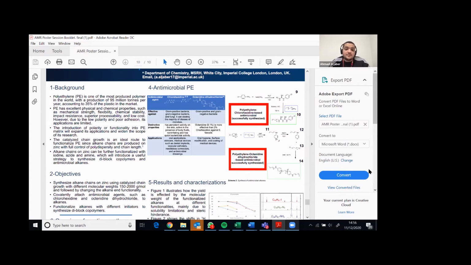As you know, these two antimicrobials are effective against gram-positive and gram-negative bacteria. They have distinctive properties, which made them good candidates to be used in this research. Also, they can be used in wide applications in medical appliances or in oral hygiene, etc.